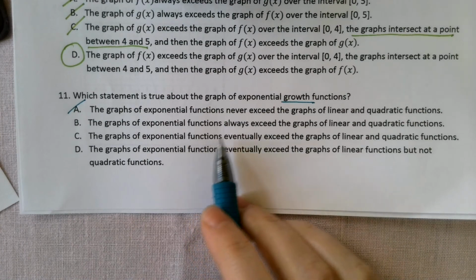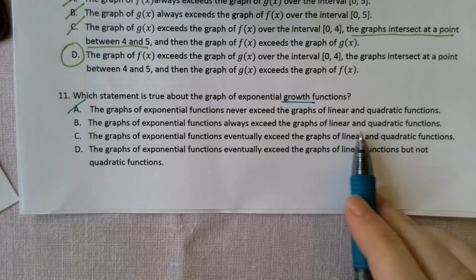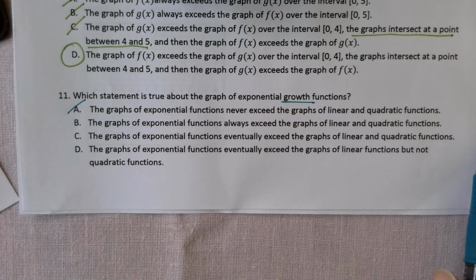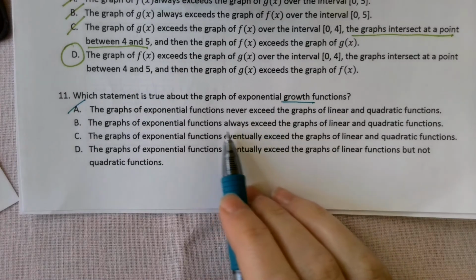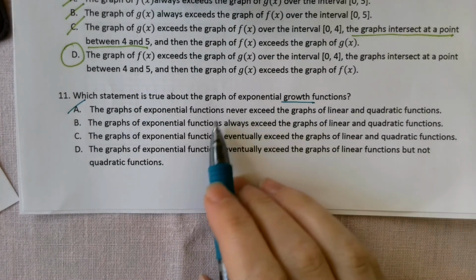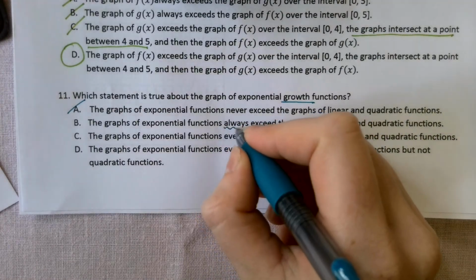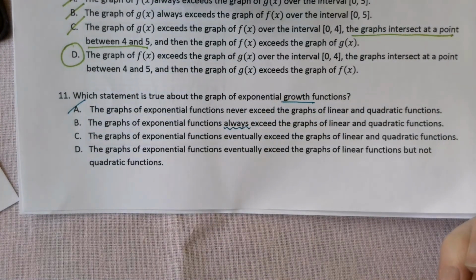The graphs of exponential functions always exceed the graphs of linear and quadratic functions. Well, not always. The always is the tricky word because you can have points on exponential functions that are lower than points on quadratic and linear functions.